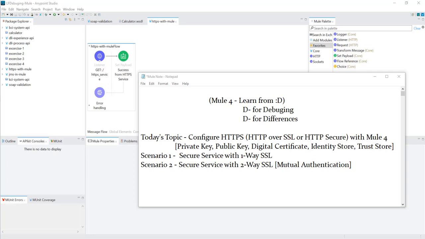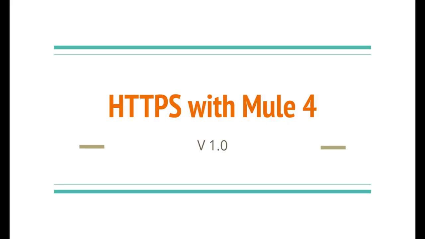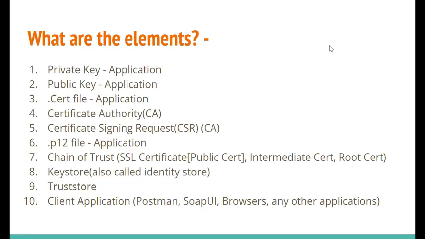Before going to the actual implementation, I would like to give you some theoretical background. So let's see what things are involved in configuring HTTPS with Mule 4. Here are the elements. We will deal with private key, public key, certificate file. Also we will see certificate authority, certificate signing request, that is CSR, and then the .p12 file, also chain of trust.